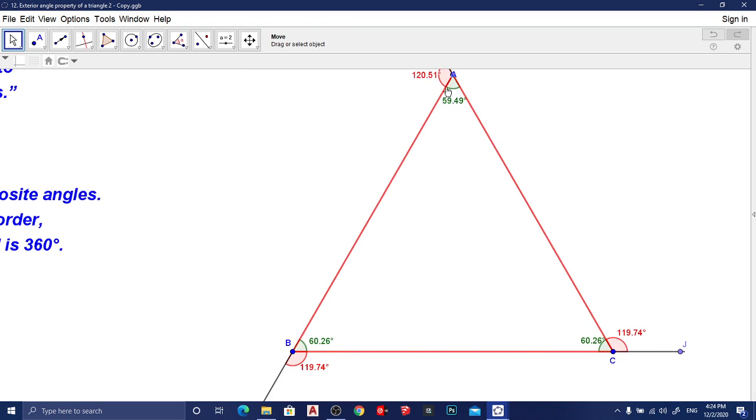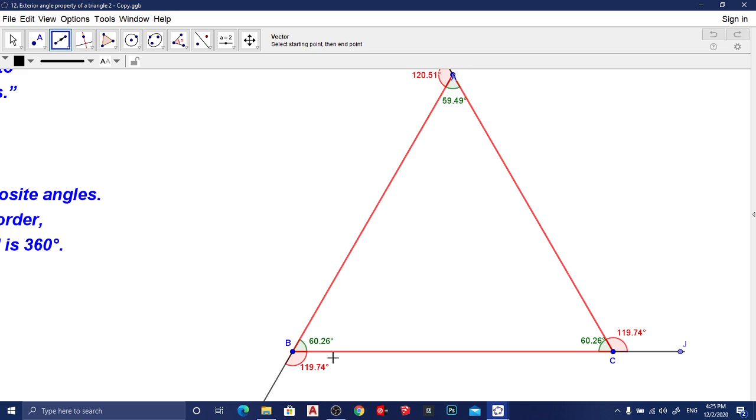If I am seeing from this point to the internal side, this is the exterior angle, and these two will be the opposite interior angles. By adding 60.26 and 60.26, you will get 120.51 here, nearly equal. So this is the relation between exterior and interior angles.